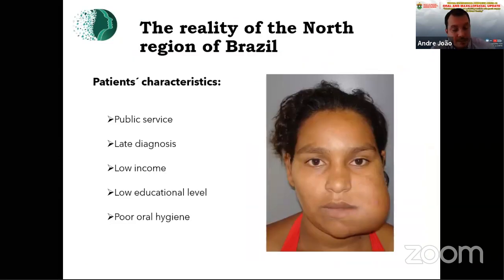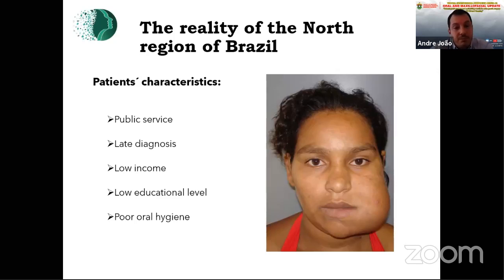But yeah, the sad reality that we have here, I told you, is that it's a poor region in Brazil. Most of my patients come from the public service. Usually the diagnosis is made late because they took a long time to come to us, because of the bureaucracy and a lot of things.